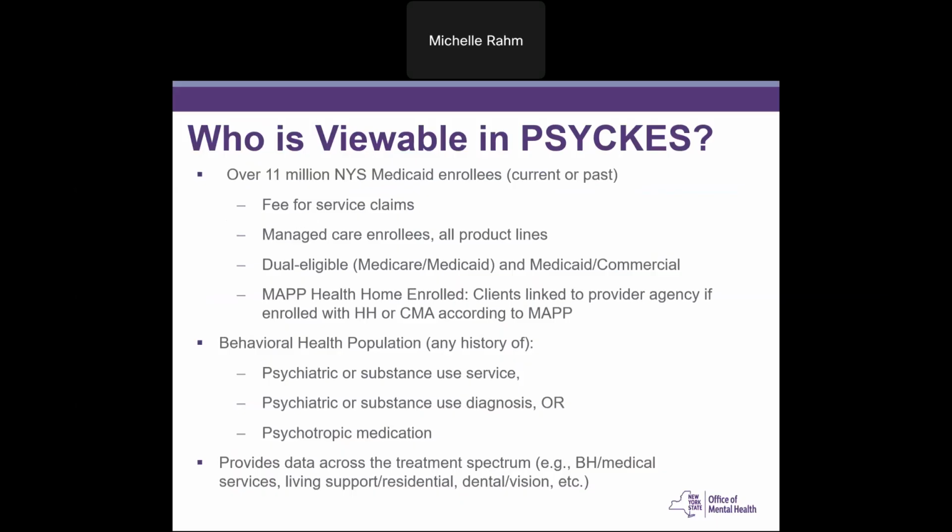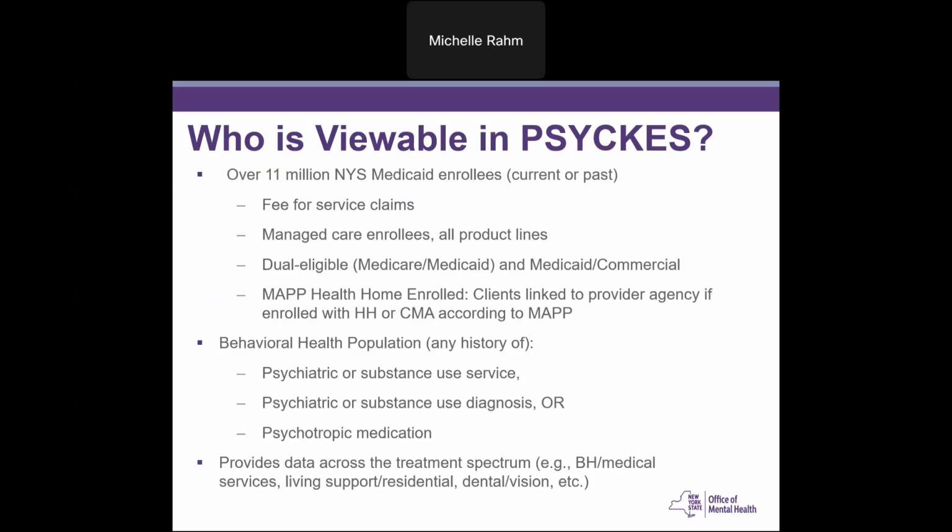Now for the dual eligible individuals, meaning those who have both Medicare and Medicaid, the information in PSYCKES will only be for Medicaid data at this time. So for example, if someone is dual eligible and their medications are being paid for by Medicare, those Medicare paid for medications might be missing from the application, but anything that's paid for by Medicaid would be included in PSYCKES.